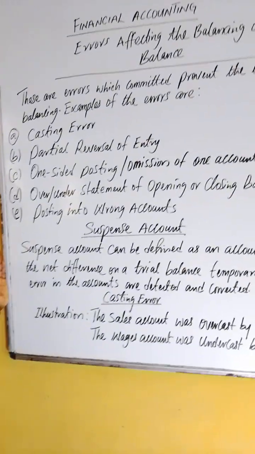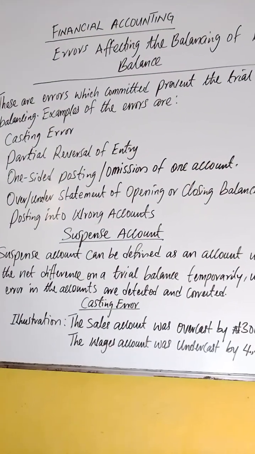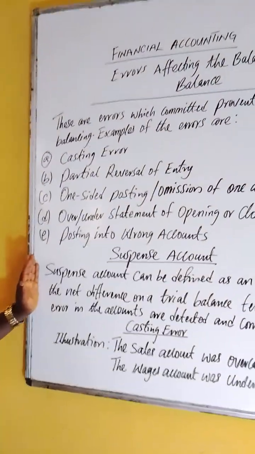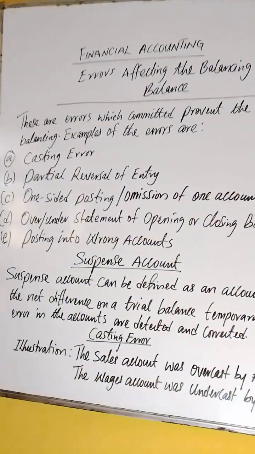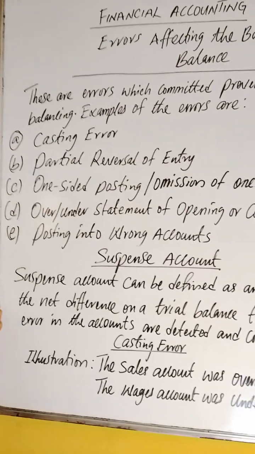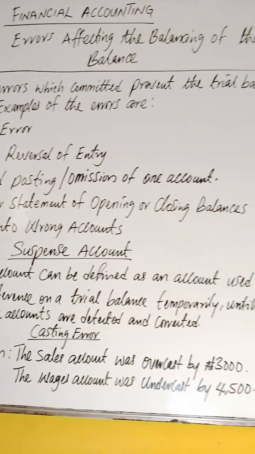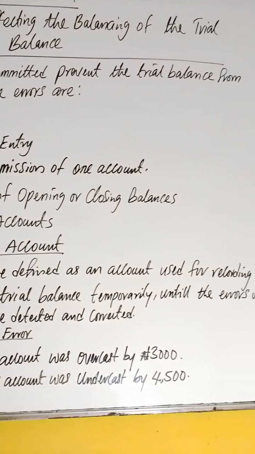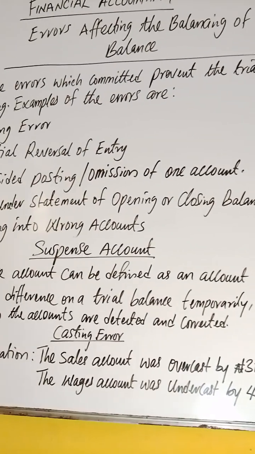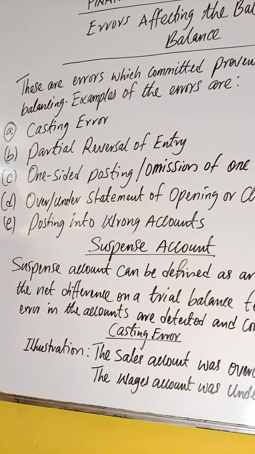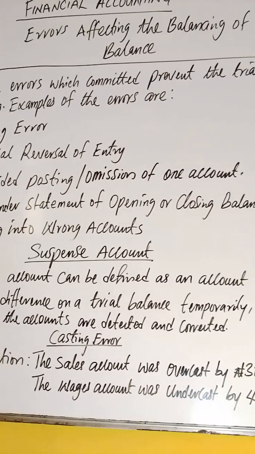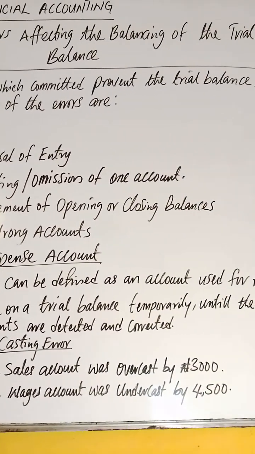That is what is called a suspense account. So before you understand how to handle errors affecting the trial balance, you must appreciate what a suspense account is. It is the account to which the balance that disagrees and makes the trial balance not balance is taken before investigation is carried out, and then as the errors are being corrected, the differences are posted to the suspense account respectively.